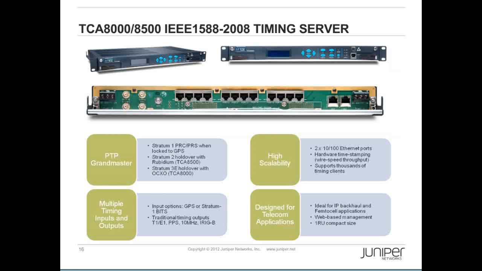They have all the standard inputs that any Grandmaster is expected to have, with a highly scalable design that's been proven in many mobile networks around the world. And this is ideal for IP backhaul and femtocell applications, and is manageable via Junos, both the Grandmaster and the clients.